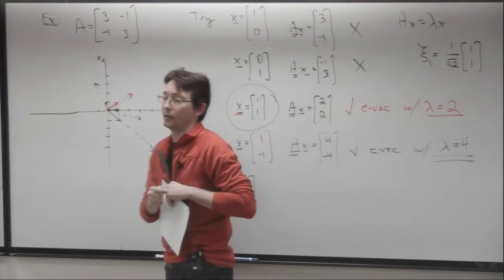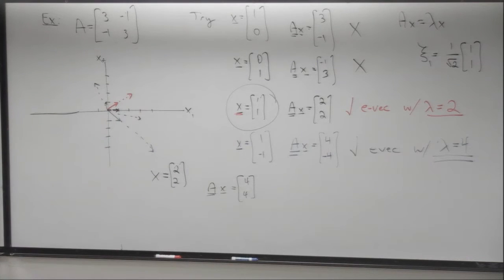Now I'm going to show you how to do it in the most general case for n by n systems. In general, we have an eigenvalue equation we're trying to solve.